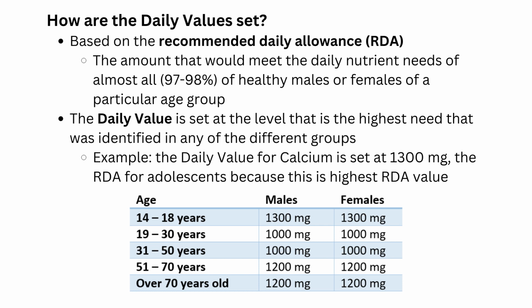So how can you have one value on the nutrition facts table when people of different ages and different sexes have different nutrient needs?